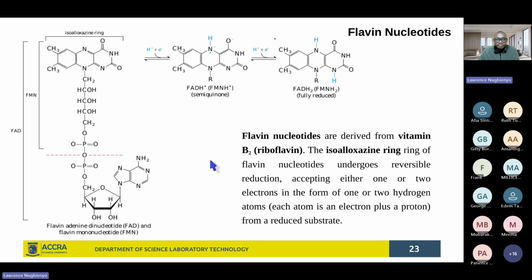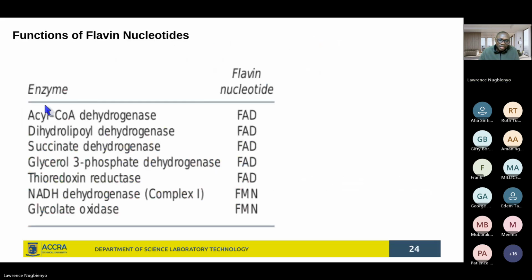Okay, now here too we see the enzymes that they serve as coenzymes to. The first 4, they are all dehydrogenases. And then we see thioredoxin reductase. This time around, it is specified that it will be involved in reduction reaction.